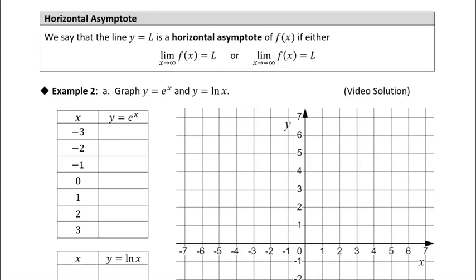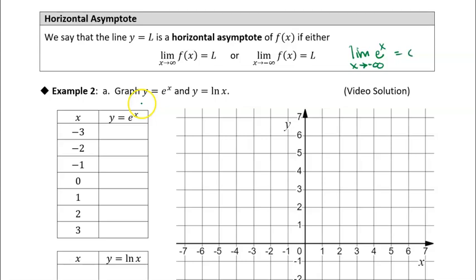All right, so one thing I forgot to mention at the end of that last video is this idea of a horizontal asymptote. So we saw with the function e to the x, as x approached negative infinity, I can write that down. We had the limit as x approaches minus infinity of e to the x.